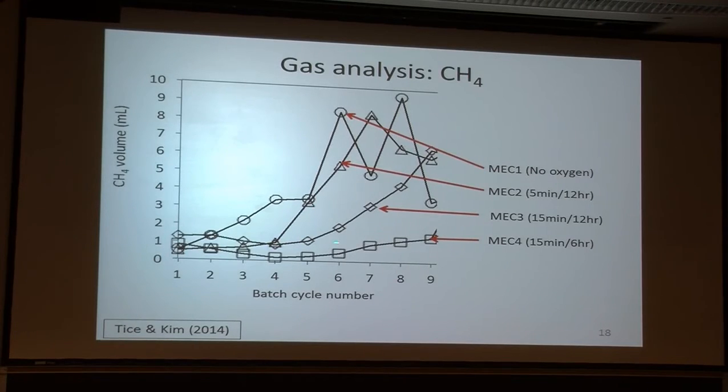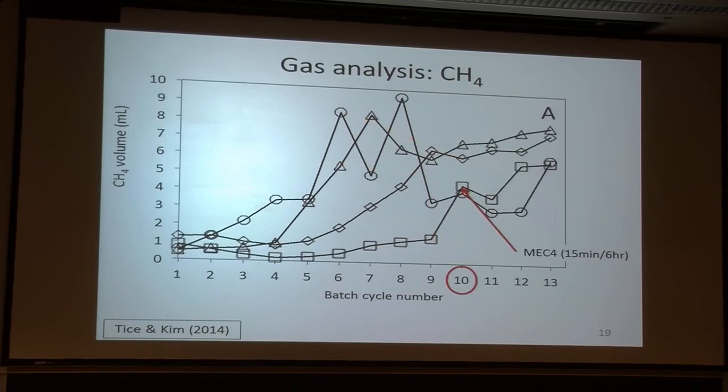And if you look at MEC3, it is better controlled up to cycle 5 or 6, but in the end, it is also contaminated by methane. And MEC4 had a minimal amount of methane up to cycle 9, or for a month. But at cycle 10, the methane jumped, and then it was eventually contaminated by methanogens.